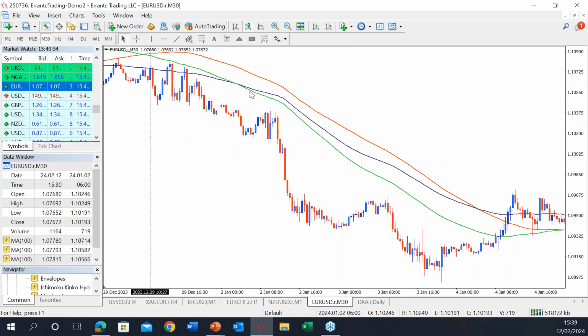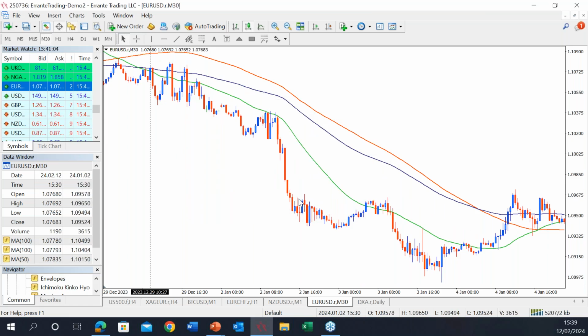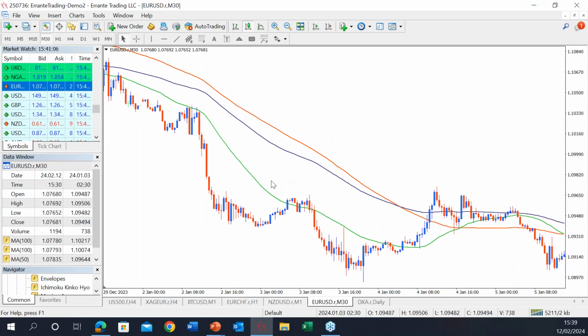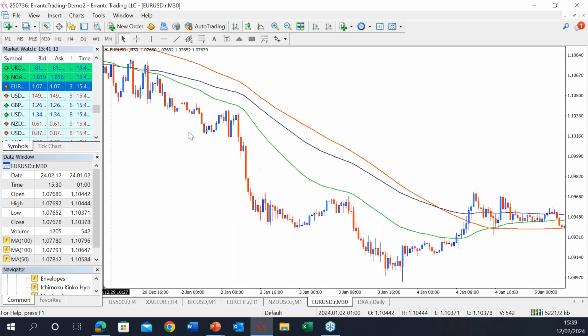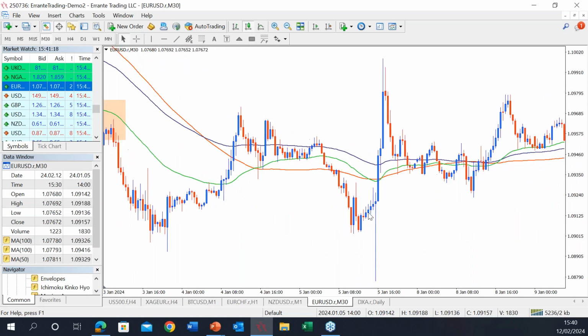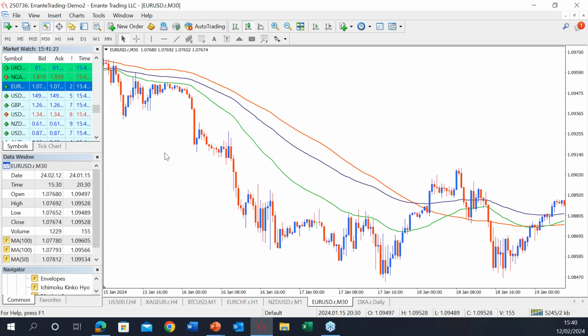Based on that, you have to go through the chart, put different periods on your chart and use different methods to find the one most reliable to the price action. For example, I can see the 50 exponential moving average is really reliable in the case of Euro USD.